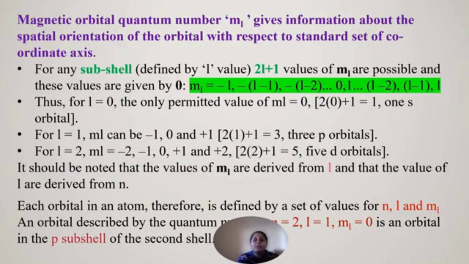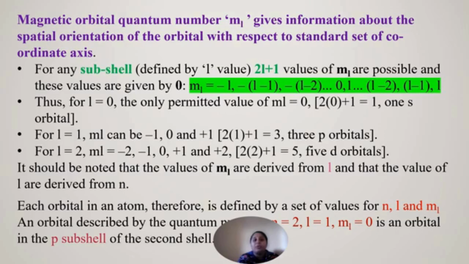For L equals 0, we substitute in the above formula 2L plus 1: 2 into 0 plus 1 is equal to 1. So there is one s orbital. For L equals 1, ml can be minus 1, 0 and plus 1.